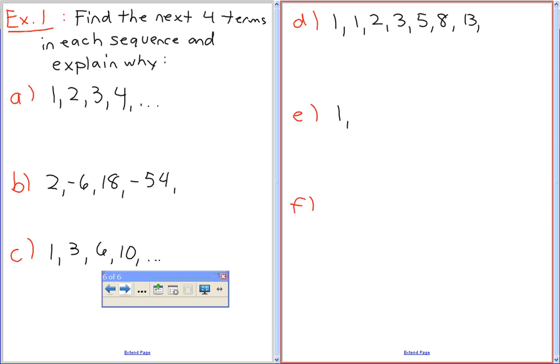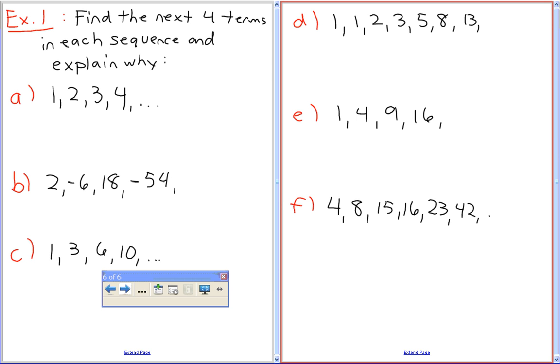E is going to be 1, 4, 9, 16. And the last one is 4, 8, 15, 16. Okay, those are going to be our 6 sequences here.